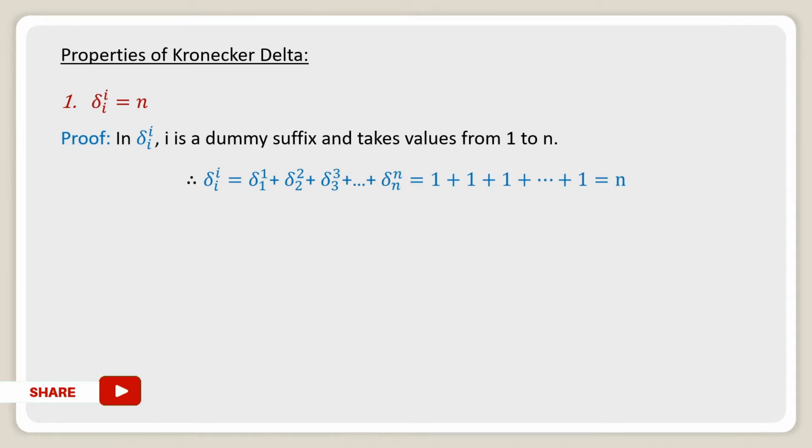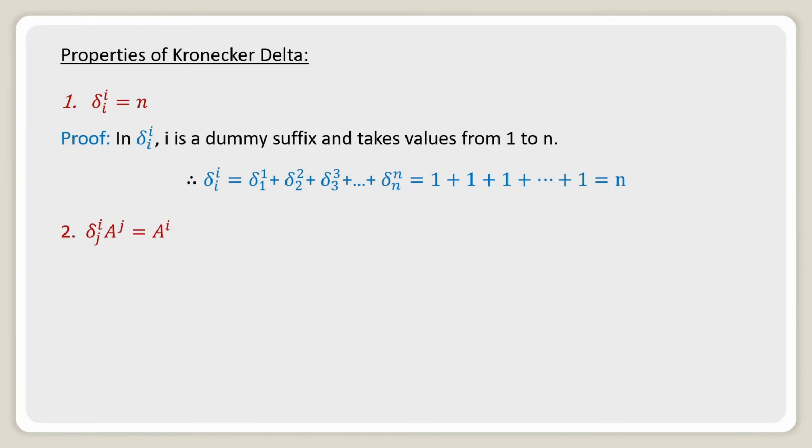Therefore, delta ii equals delta 11 plus delta 22 plus delta 33 plus up to delta nn, which is equal to 1 plus 1 plus 1 plus dot up to plus 1 equal to n, because all the values will be equal to 1 and the number of terms is n. So, delta ii is equal to n.